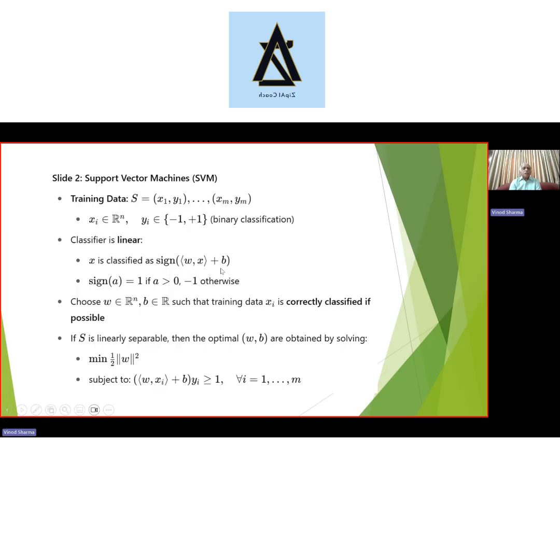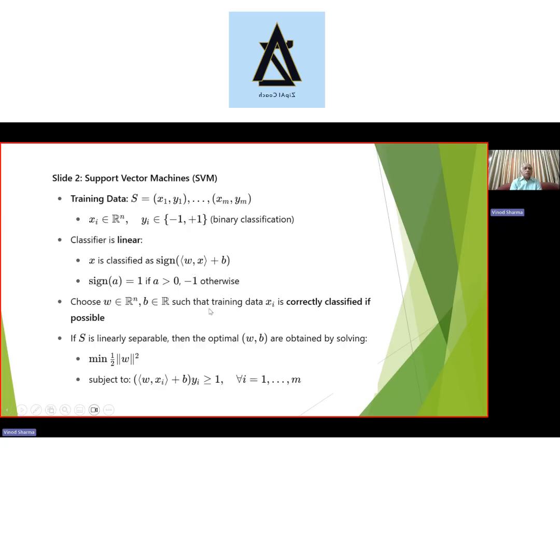If this value is positive, the sign of this will be +1. If this value is negative, the sign of this will be -1. Thus, the sign of this quantity will give us a classifier for x, which is +1 or -1. Of course, how good this classifier will be depends on how we choose W and B.